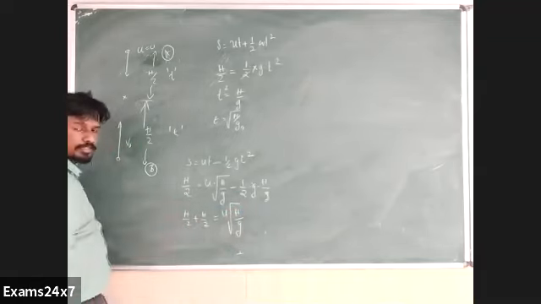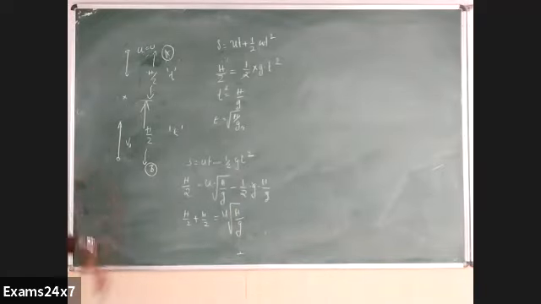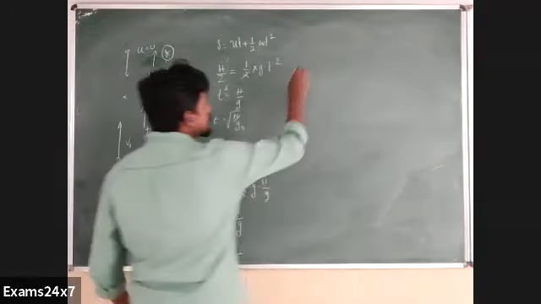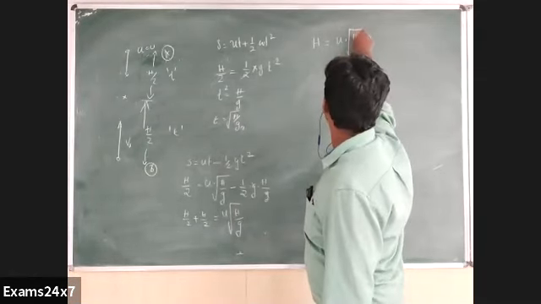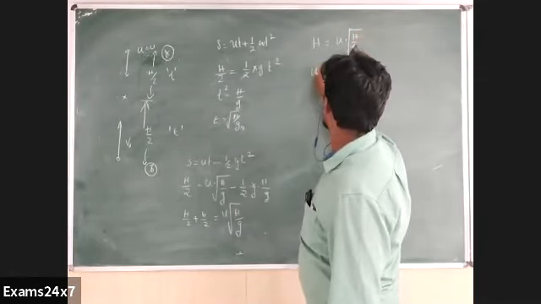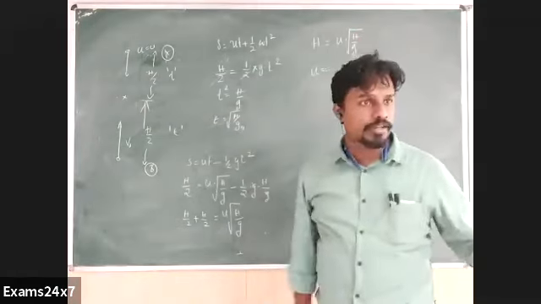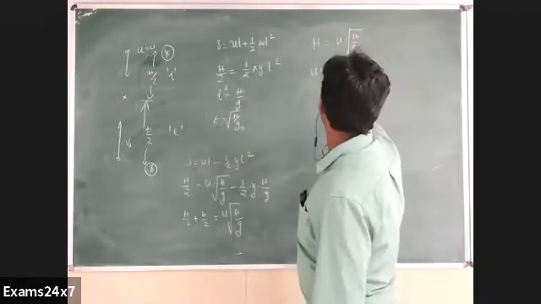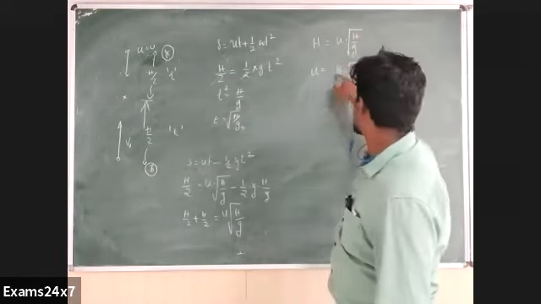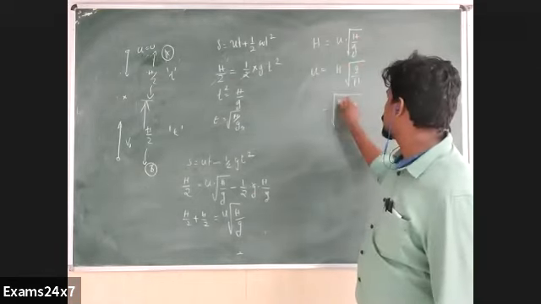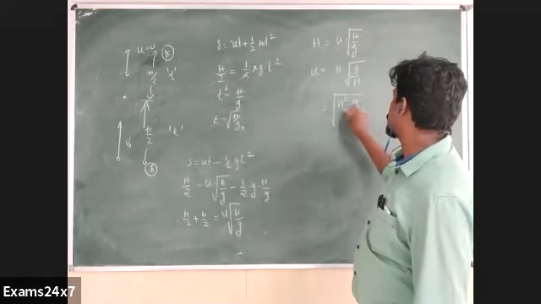So h is equal to u into root of h by g, or initial velocity u is equal to h into root of g by h, that is root of h square g by h.